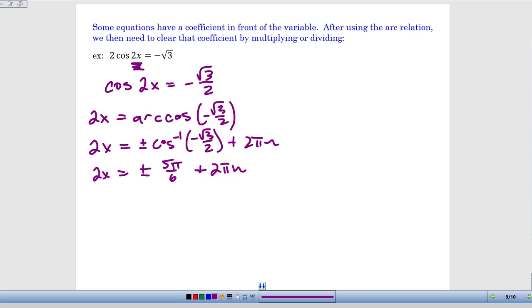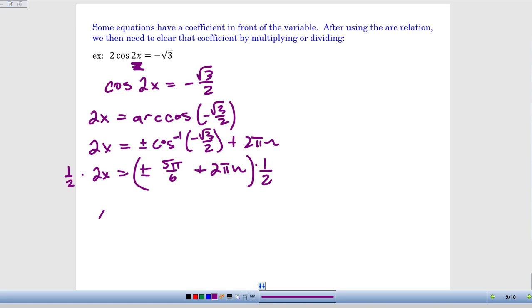Now the last thing I need to do is deal with that 2 in front of the x. We've just got to divide both sides of our equation by 2, or it might be a little easier, since we've got that fraction of 5 pi over 6 that's going to be affected, to multiply both sides of the equation by 1/2. We do have to recognize that everything is going to get multiplied by that 1/2.